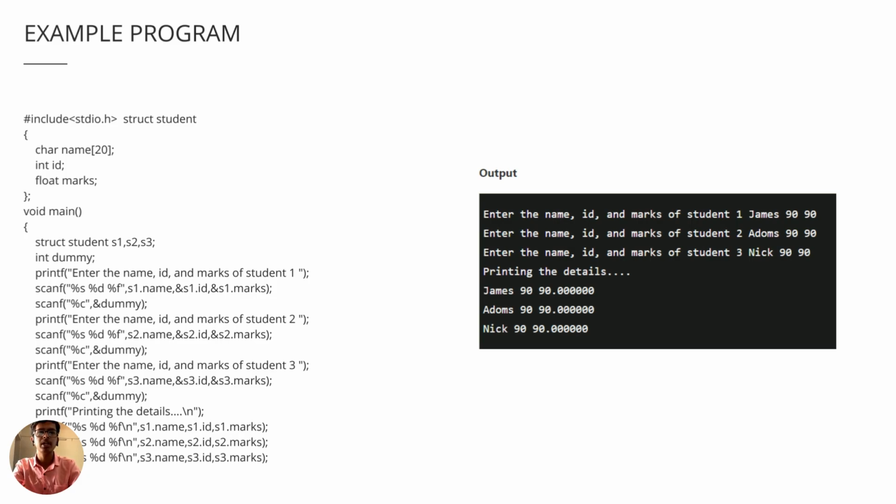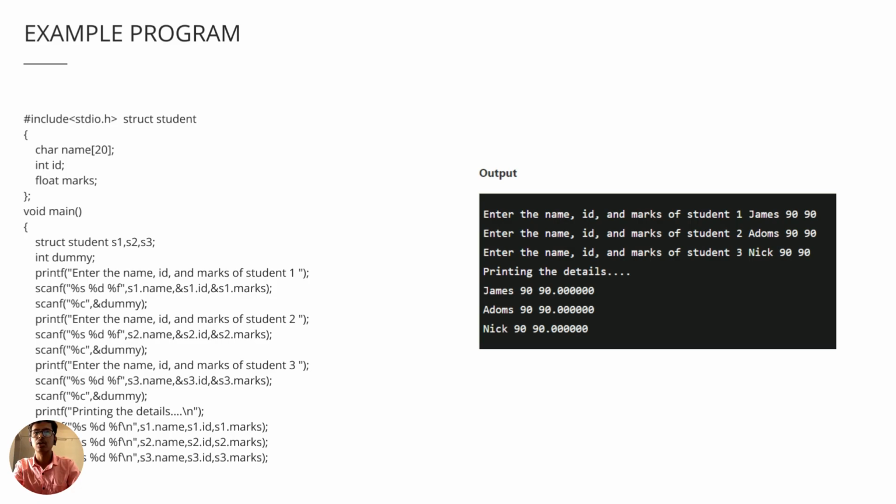Here we print the name, ID, and marks of student one. scanf. Next, printf, getting the data of the second student and saving it. scanf. Next, getting the third student's data. Now we print the name, marks, and ID number.